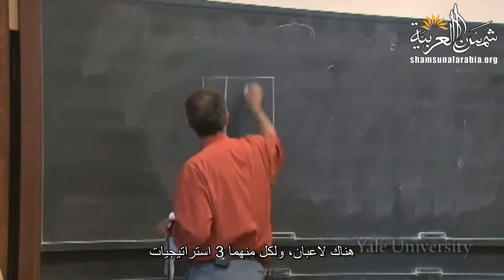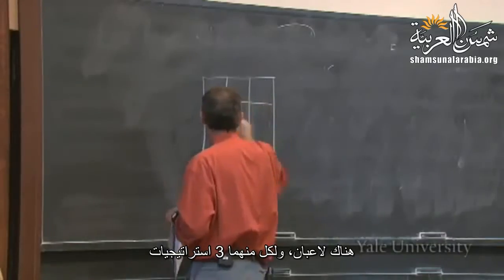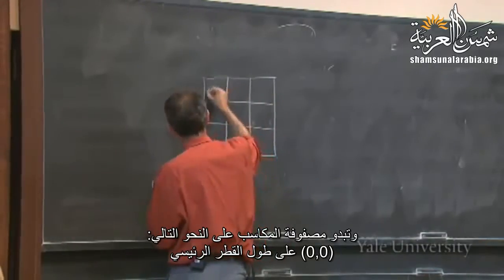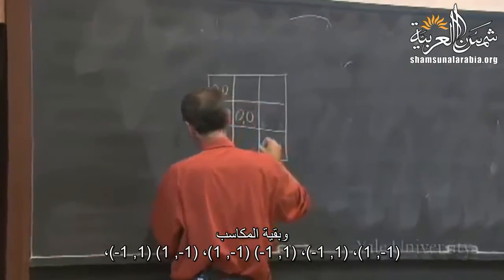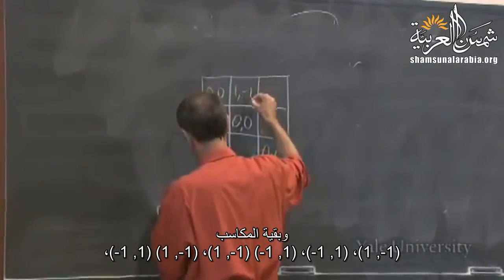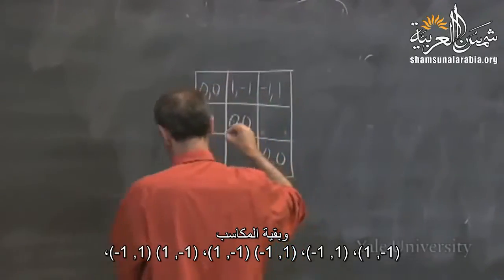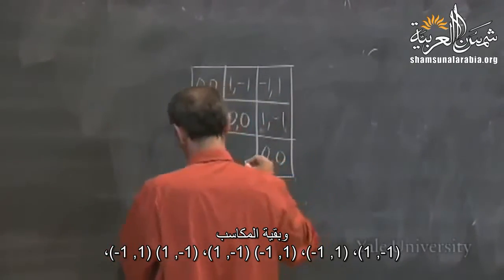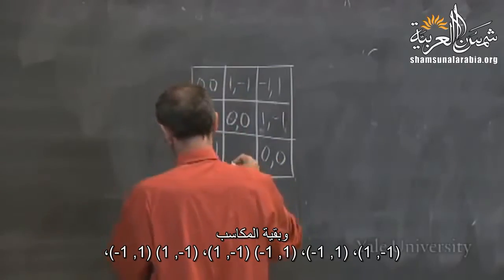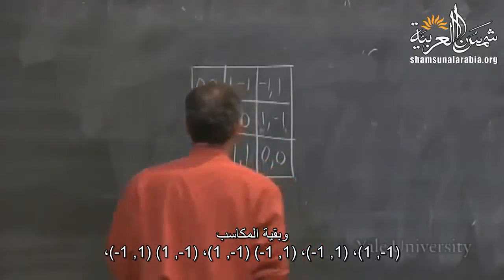There are 2 players. Each of them has 3 strategies. And the payoff matrix looks as follows. 0, 0 is down the leading diagonal. And going round, it's going to be 1, minus 1, minus 1, 1, minus 1, 1, 1, minus 1, 1, minus 1, minus 1, 1.